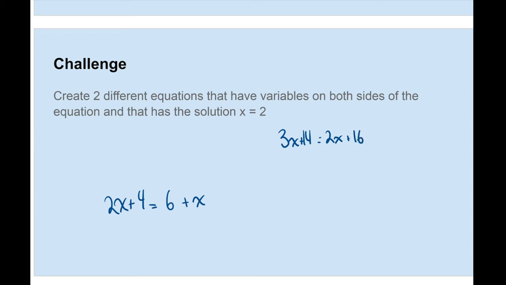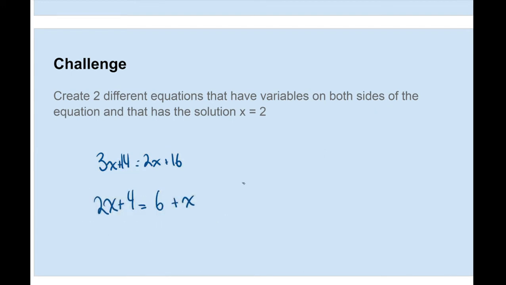So you could work backwards like that, or work forwards by at least coming up with your variables on both sides. We know what the answer has to be, so we can plug that in and see what we would have to add to make it work. So again, those are two possible solutions to this challenge, and I challenge you to try to come up with your own.